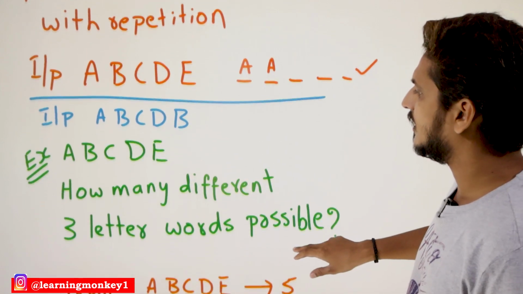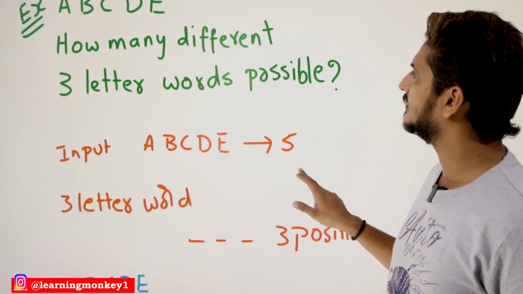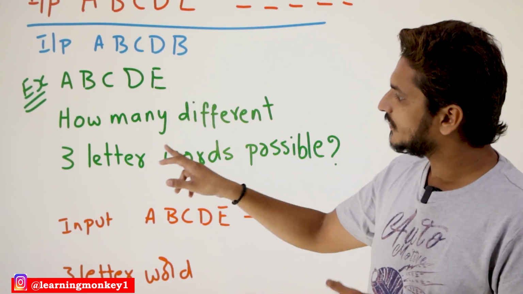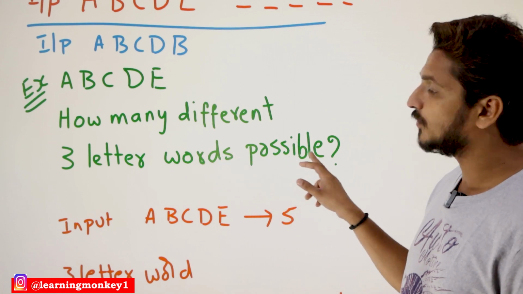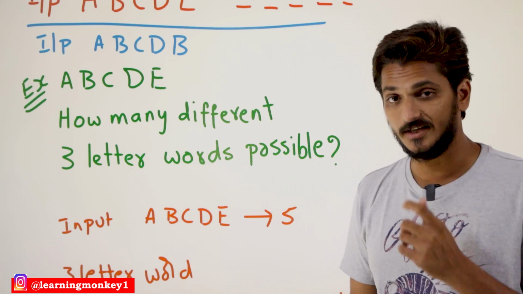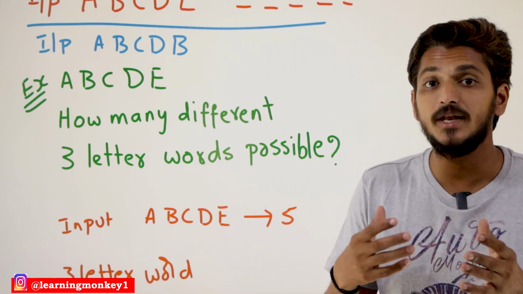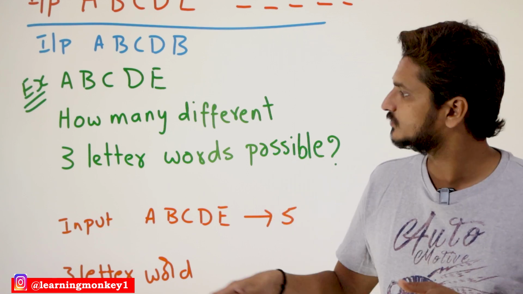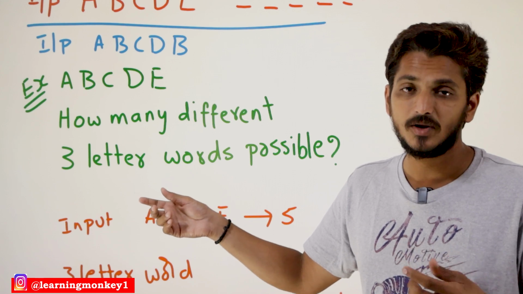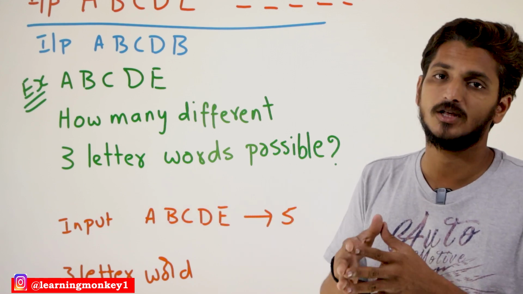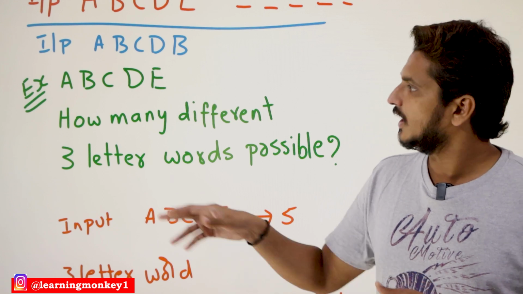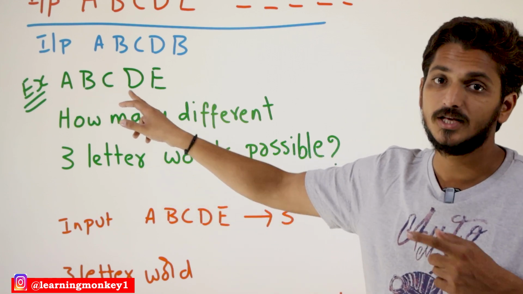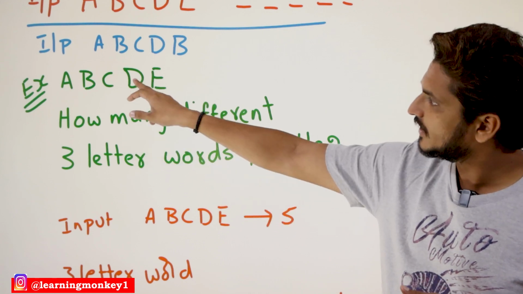Now coming to that, the question is like this, the same inputs A, B, C, D, E. How many different 3-letter words are possible? In our last class, we discussed the example, how many 5-letter different words are possible. How many inputs are there? 5 inputs are there. How many 5-letter words are possible? Here it changes. 5 letters are there.